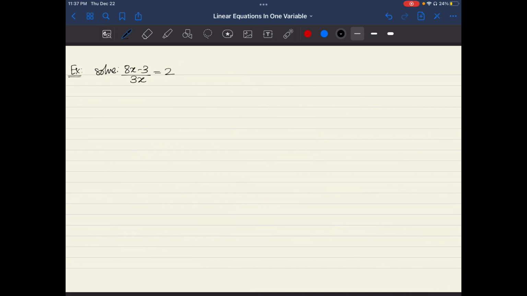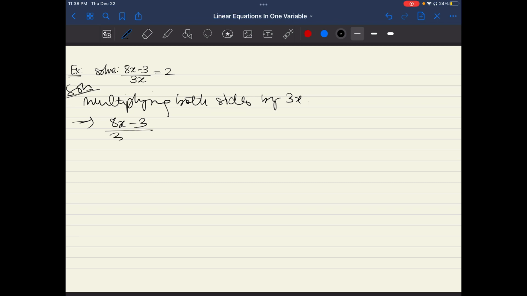Now let's solve the next question, which is 8x minus 3 over 3x equals 2. We can, again, just like we did before, start with multiplying both sides by 3x. We get 8x minus 3 over 3x times 3x equals 2 times 3x.